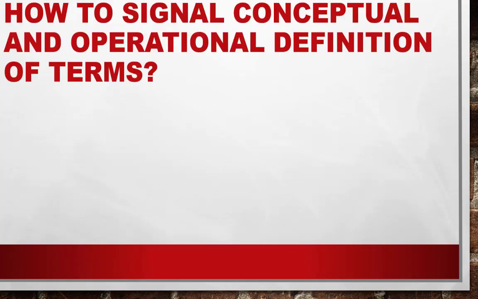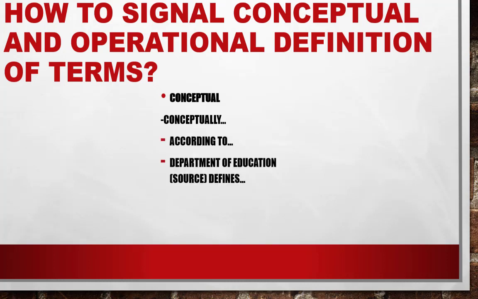So how are we going to signal conceptual and operational definitions of terms? For the conceptual, you can use signal phrases or words such as "conceptually" or "according to," and then you write the source. For example, you mention the source and then you say, "DepEd defines new normal as blah blah blah," or "for Secretary Briones, new normal is blah blah blah."